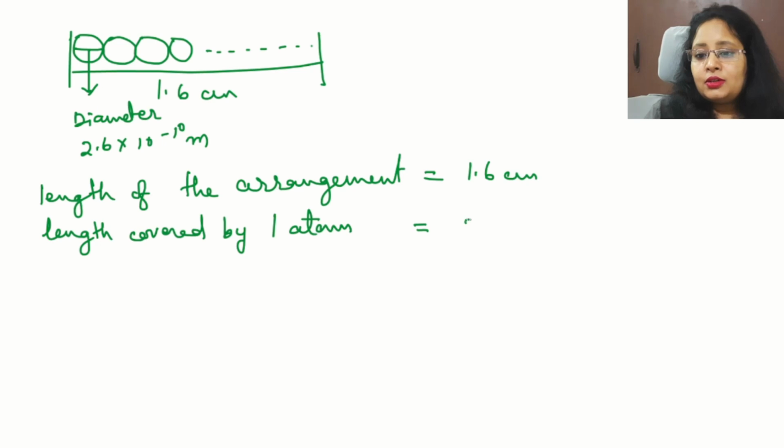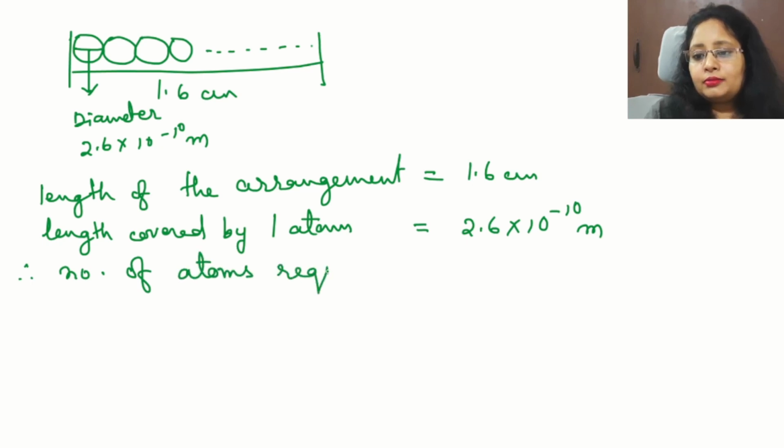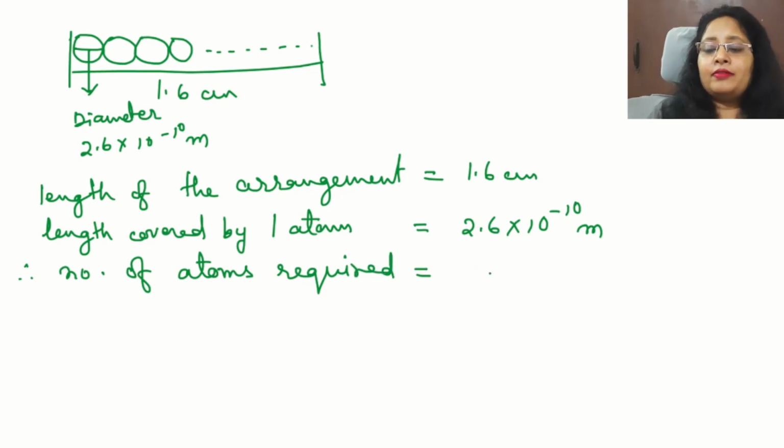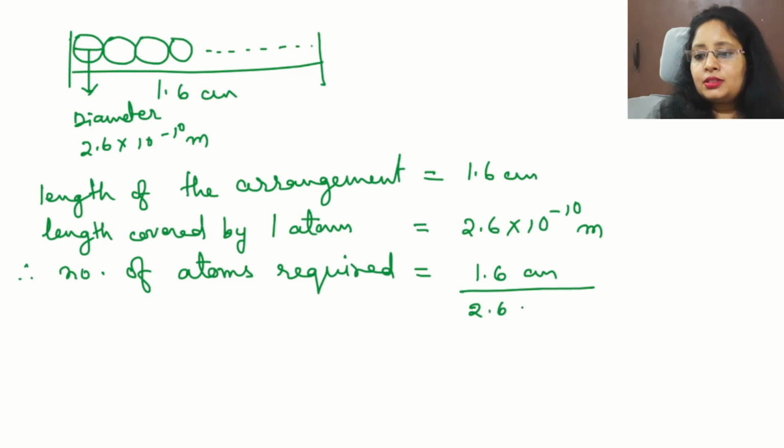The value is 2.6 into 10 to the power minus 10 meter. So the number of atoms required, simply we will divide the total length by the length covered by one atom. So it will be 1.6 centimeter divided by 2.6 into 10 to the power minus 10 meter.